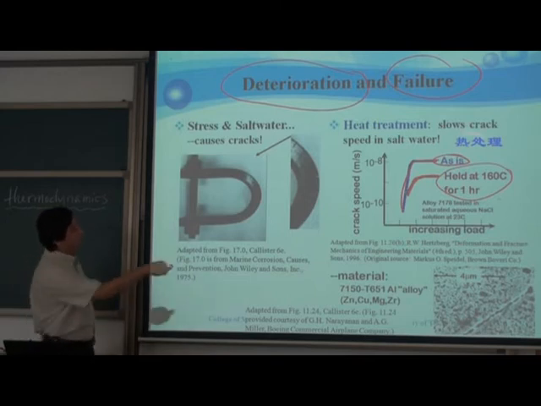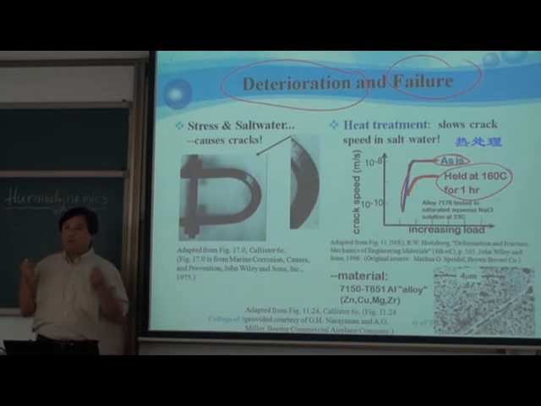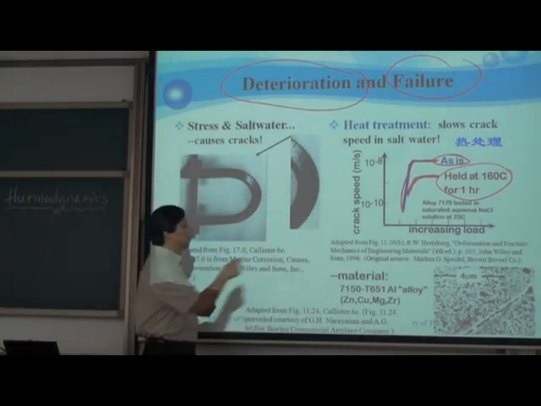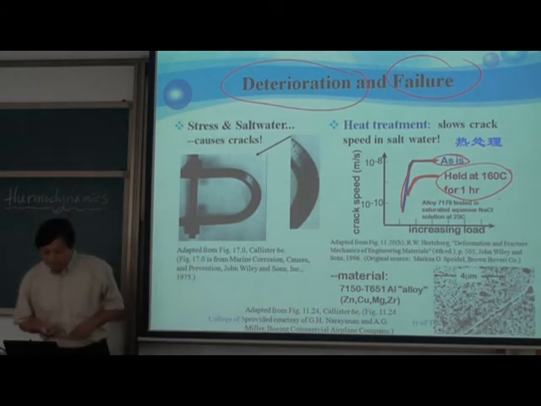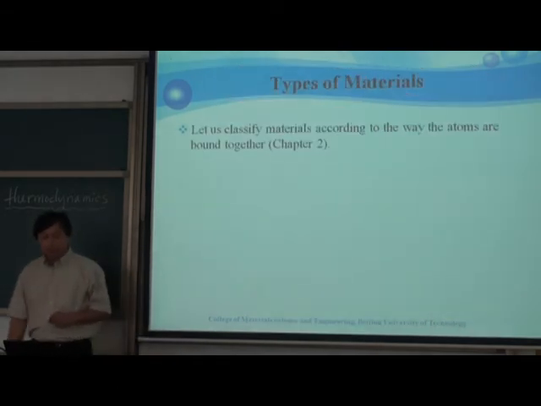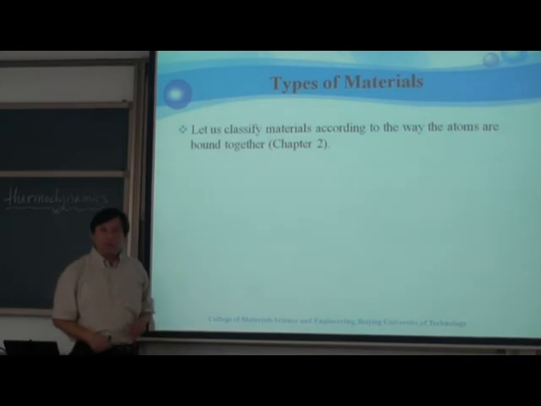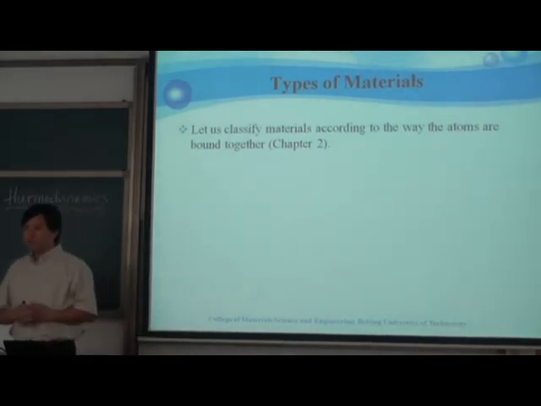So this figure tells us heat treatment provides a very beautiful way to slow down the speed of crack growth. Now, based on this thinking, people divide materials into different types.